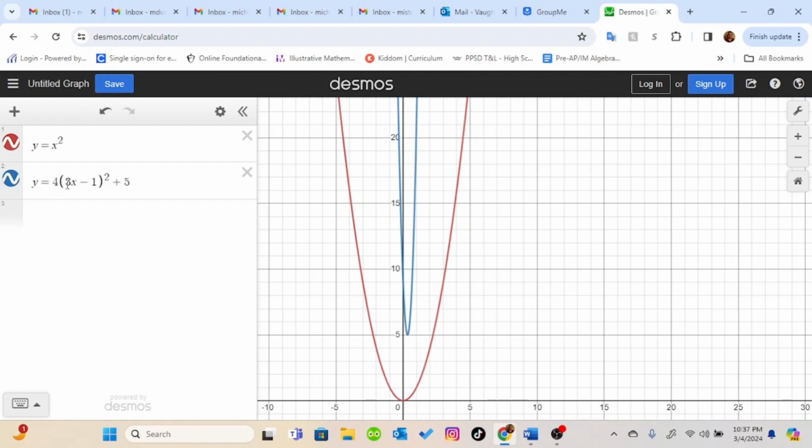But this 3 horizontal scalar has now squished that down from 1 down to 1/3. And then the final part was the 5. We said that would shift it up 5, and that's exactly what we see here. Instead of the vertex being at 0, it's up here at 5. So this is what it looks like, and this just shows that all of our predictions were correct.